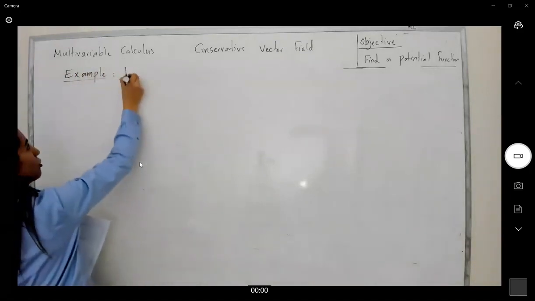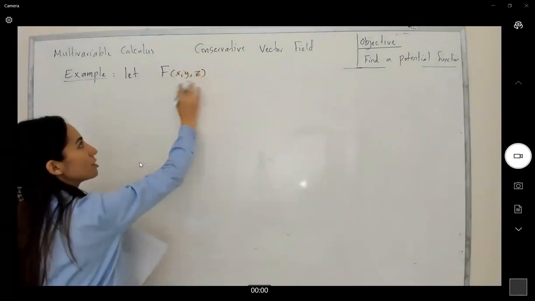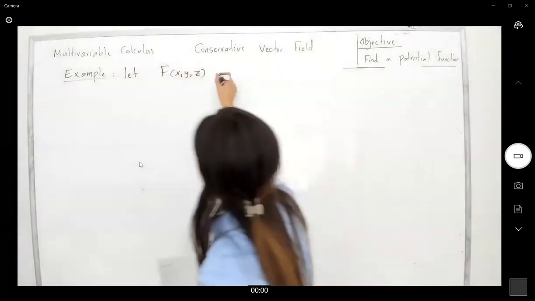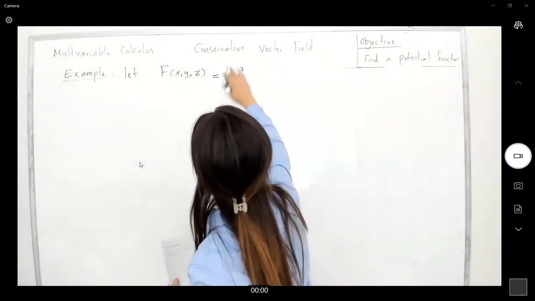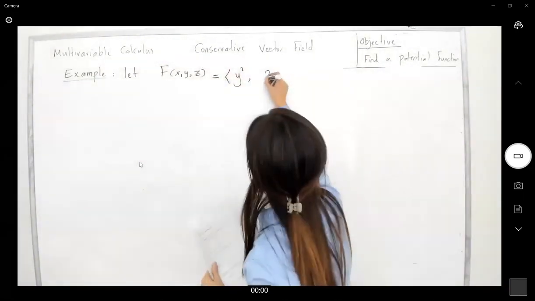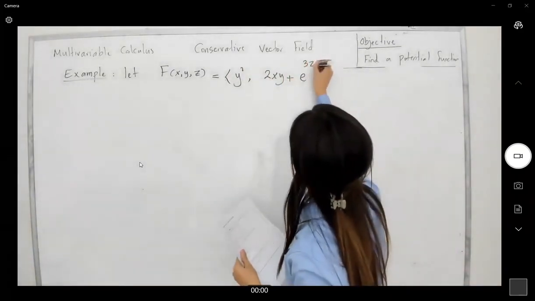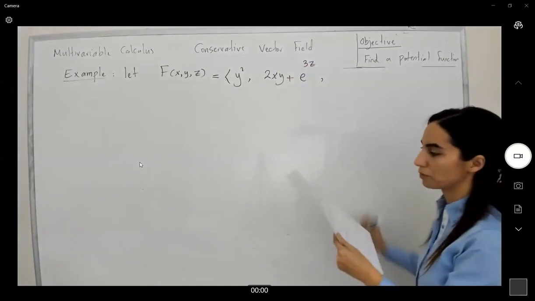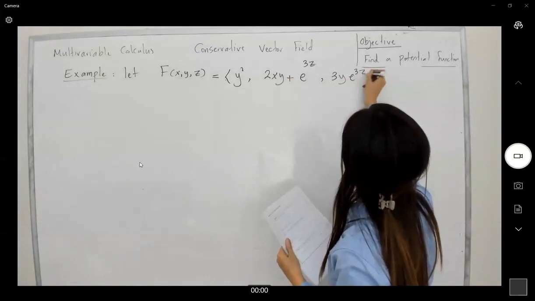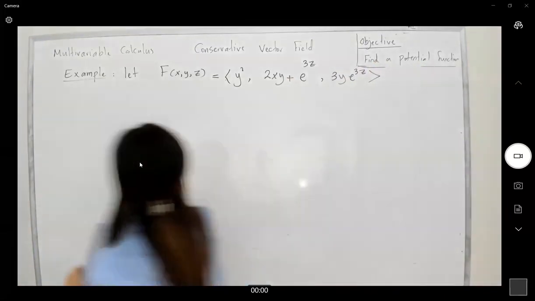Let your vector field F(x, y, z), and note that I'm adding another variable here, be given as (y squared, 2xy plus e to the 3z, 3y e to the 3z). So this is a vector function, and the question says find a potential function.